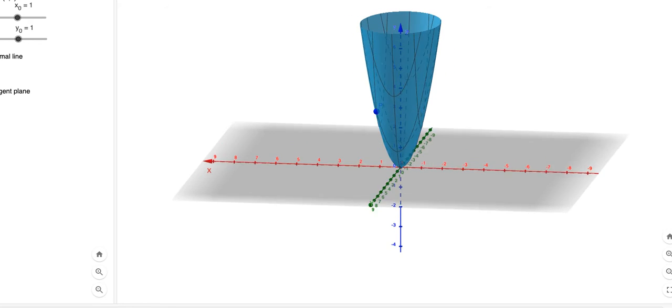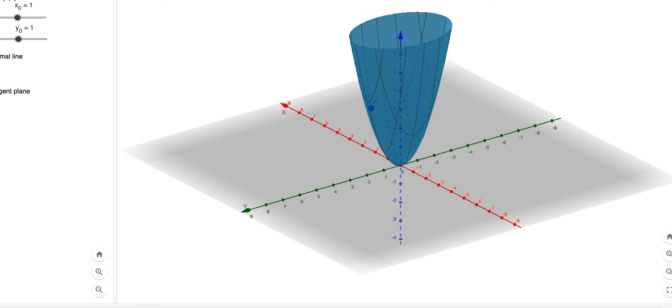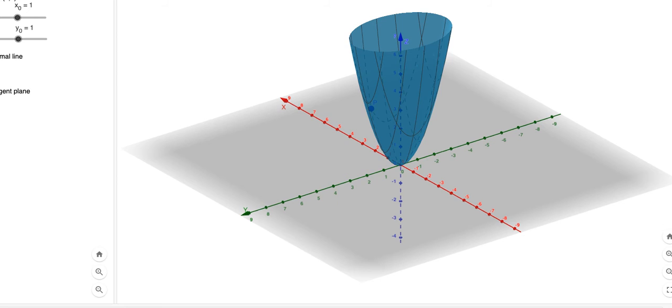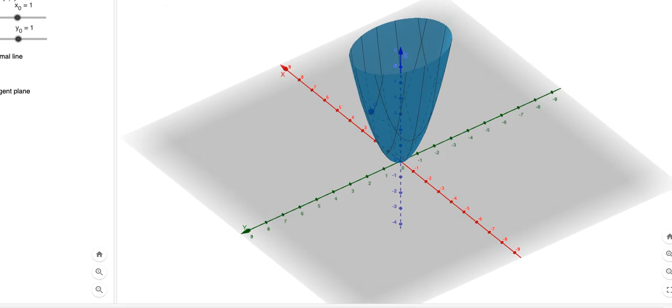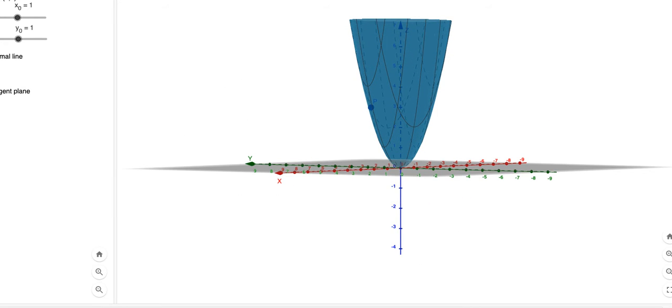It's called a paraboloid because if you look at the grid lines on the surface, these grid lines are parabolas. And what these grid lines are, they are cross sections of the graph by planes perpendicular to the x-axis and the y-axis.